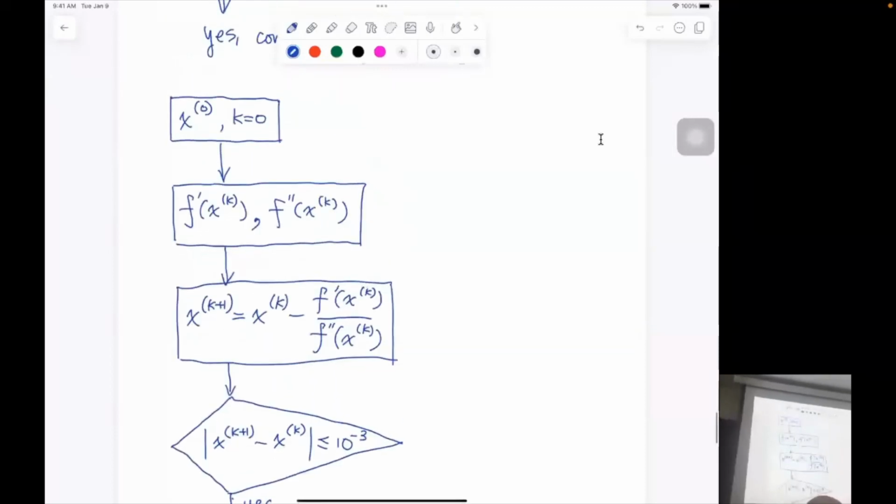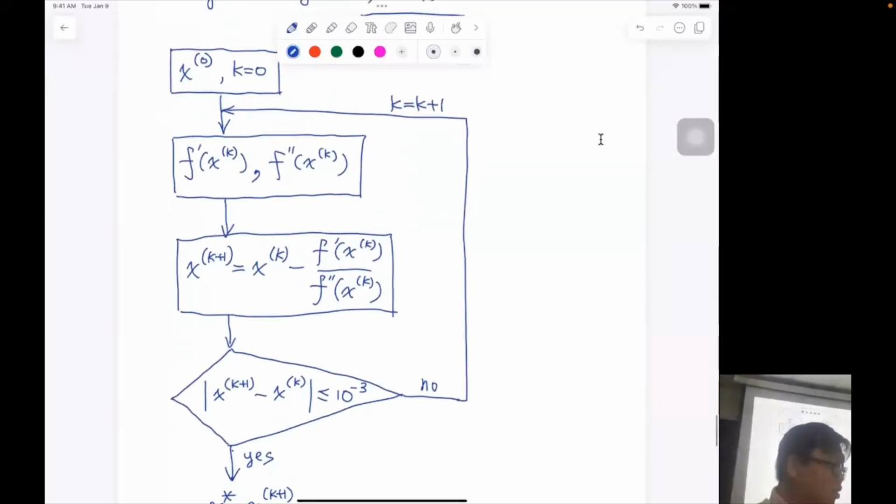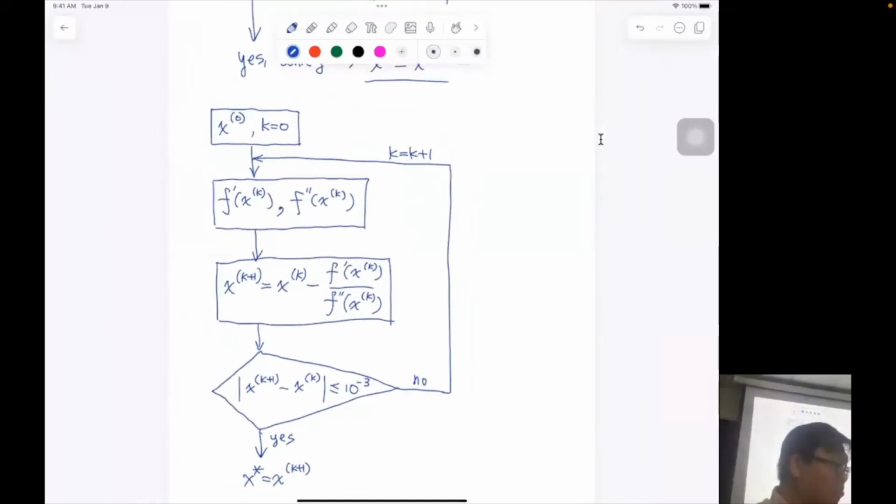If no, it goes this way. So when you go up, k equals k plus 1. So this is an optimization procedure, a mathematical procedure for finding the minimum point using Newton's method.